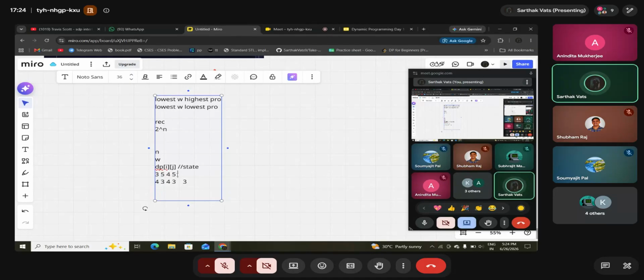Suppose there is a gold whose weight is 5 but whose profit is 1. I'm better off not taking this gold, right? You can take it if you don't have any better options, but if I do have better options, like a gold of value 3 whose weight is 1, and a gold of value 2 whose weight is 1, I would rather take both of these than this one, right?